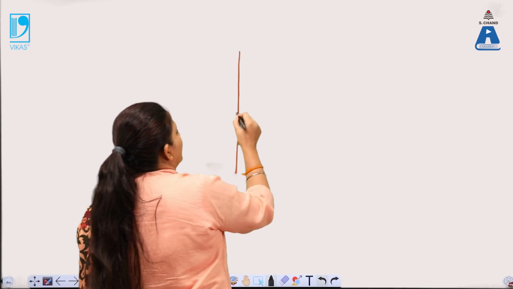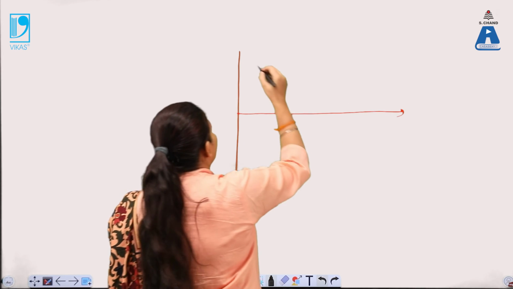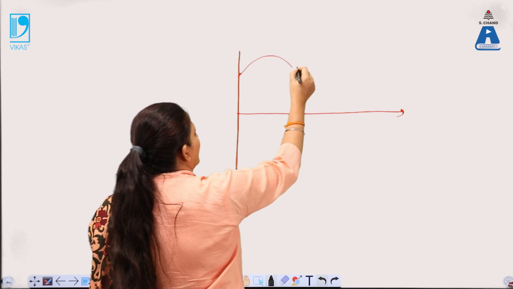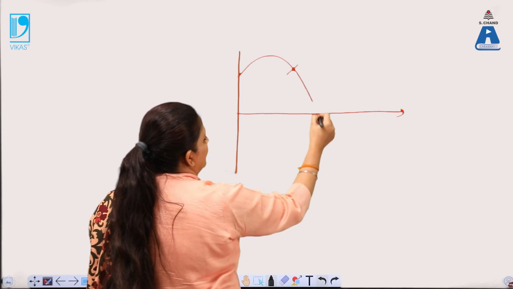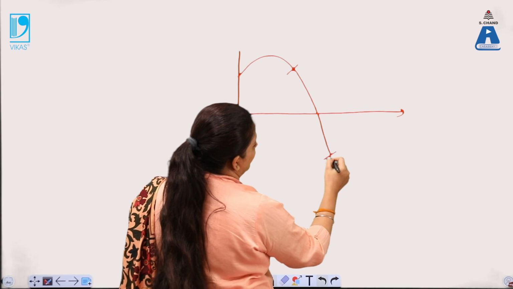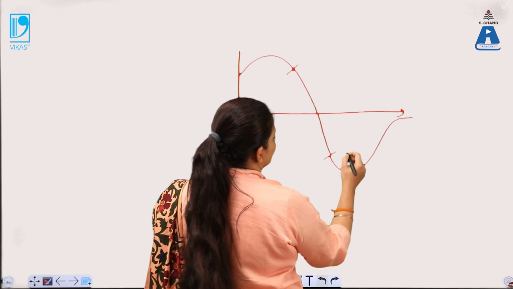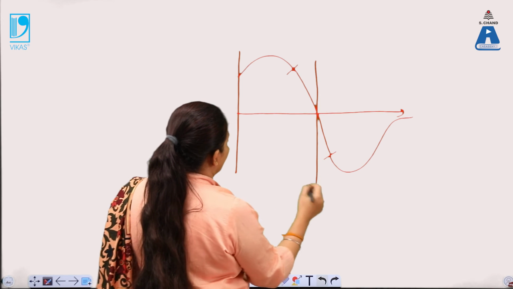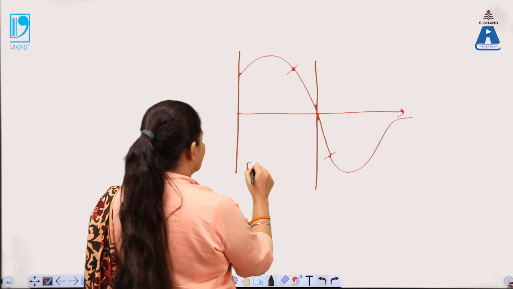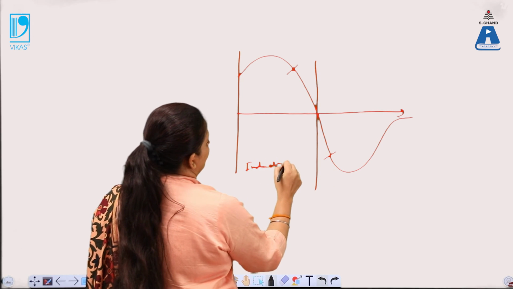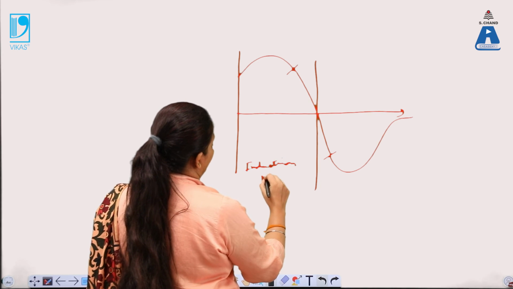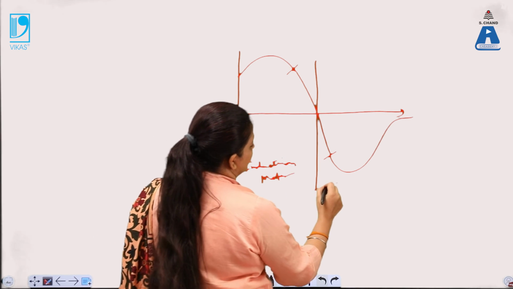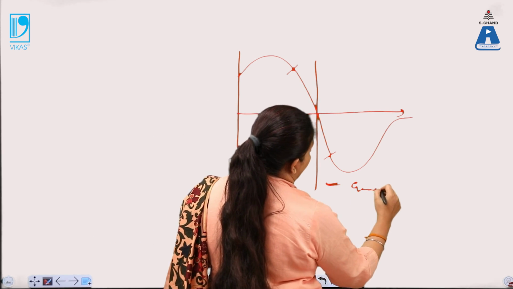So in the torque speed characteristics, this is the induction motor area, and that is the generator area.